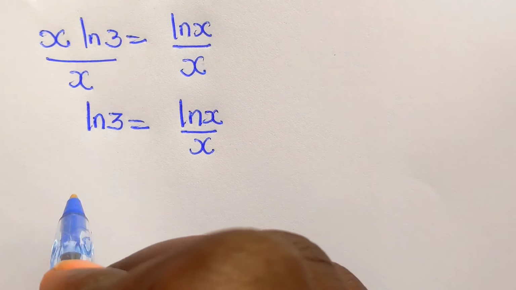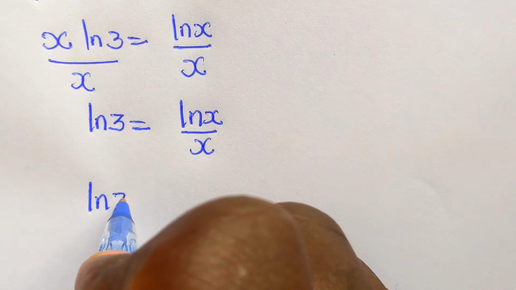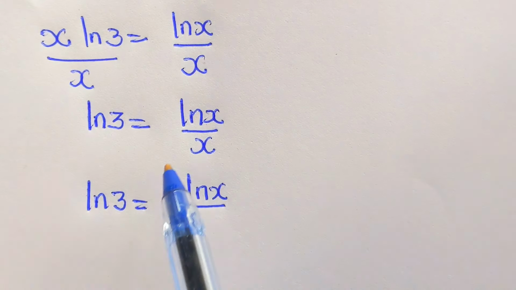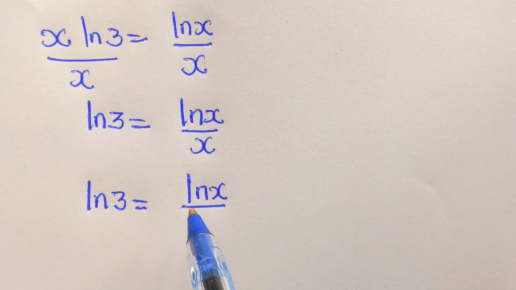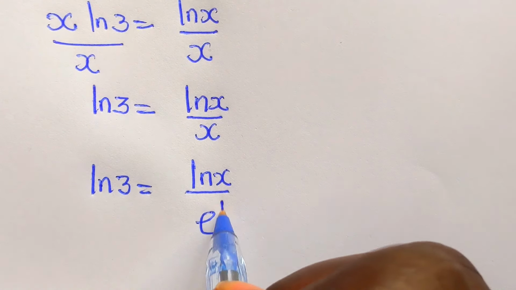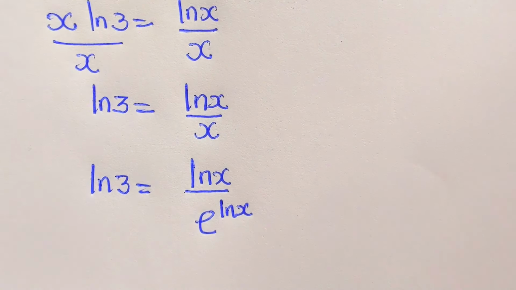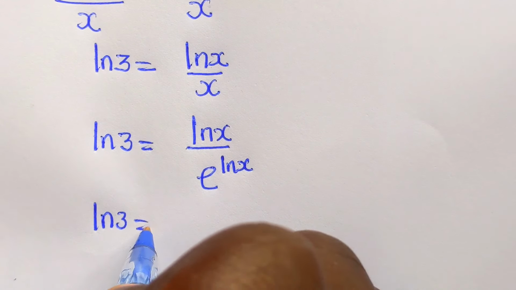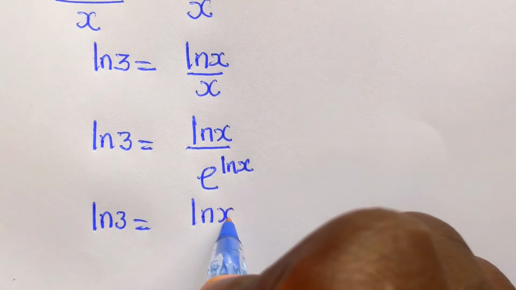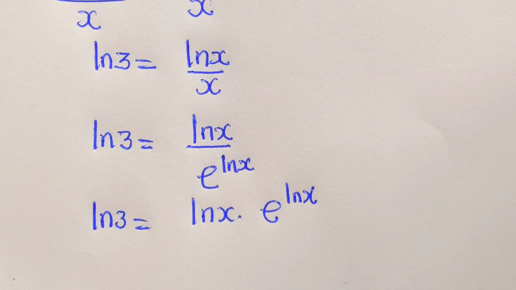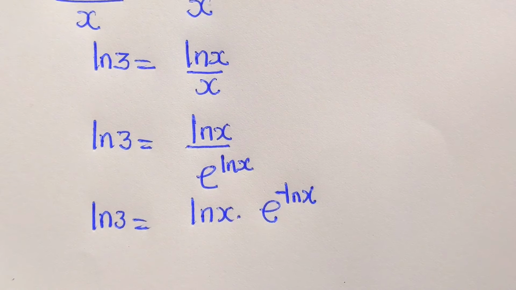Okay, and here ln 3 will be ln x over x, where this x can be written as e^(ln x), so that ln 3 will be ln x times e^(-ln x), which is negative.